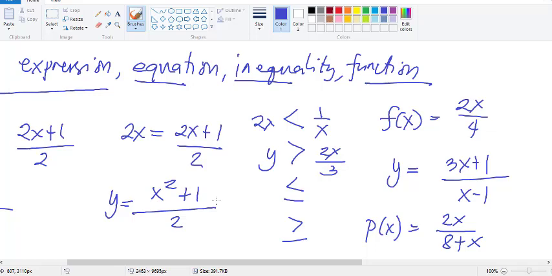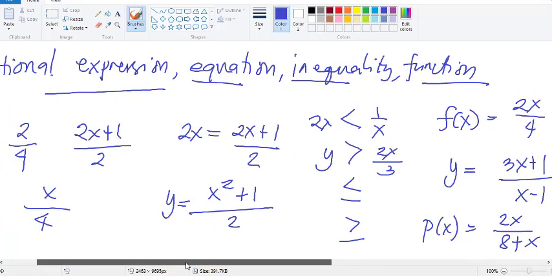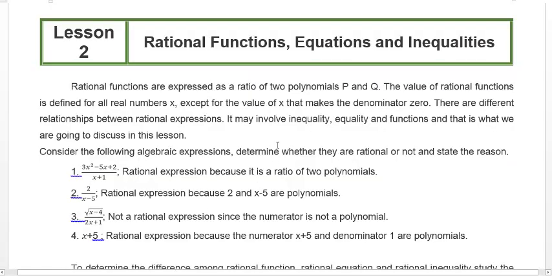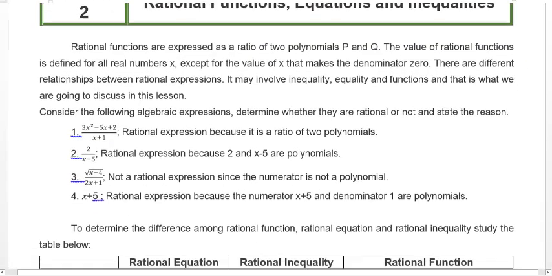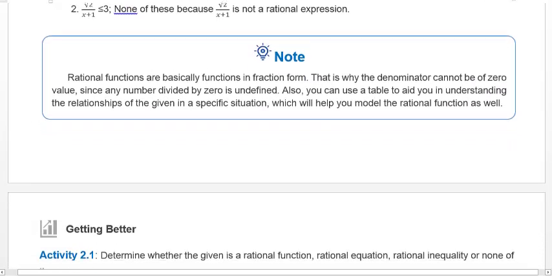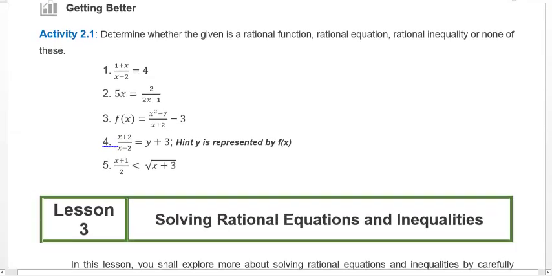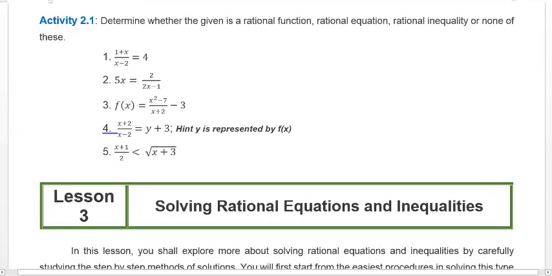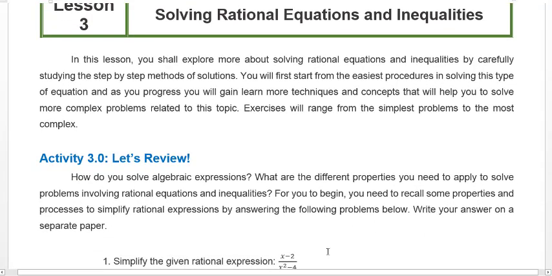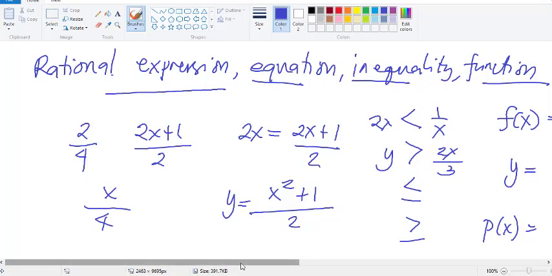So these are the main differences of rational expression, equation, inequality, and function. You can go ahead and read the entire module, but that is the summary. That is the main point, and it's a very easy lesson. So let's go ahead and solve rational equations and inequalities, which is lesson 3.